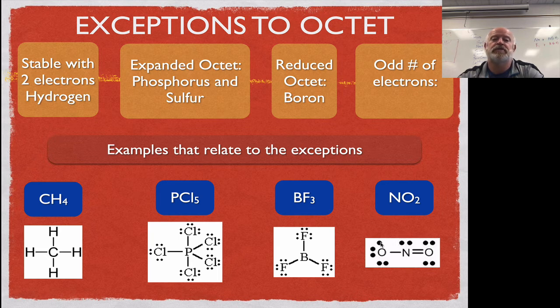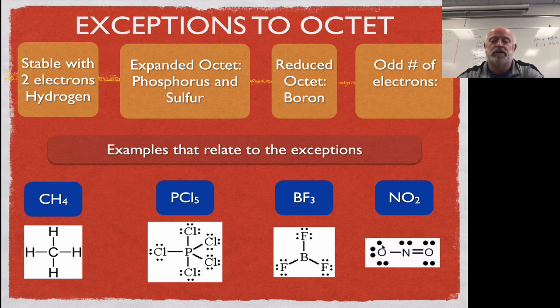And I want you to be able to build a Lewis structure that potentially could be correct with that odd number in it. So I'm not going to grade you on, does it belong here, or should the nitrogen have the odd number, or should oxygen have the odd number? I don't care which one you give the odd one to. If you go to AP chemistry or college chemistry, they'll give you formal charges to be able to solve that exactly. But for us, just recognizing that, yes, it's possible.